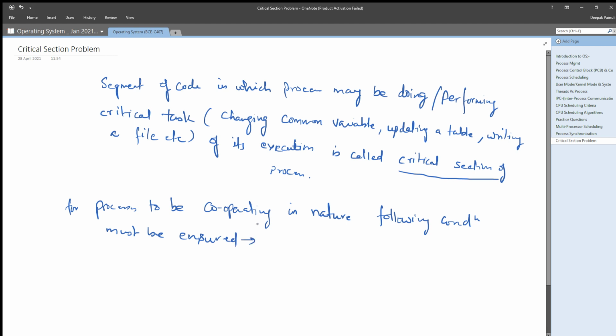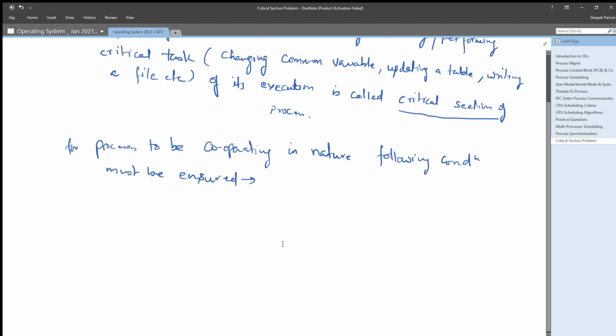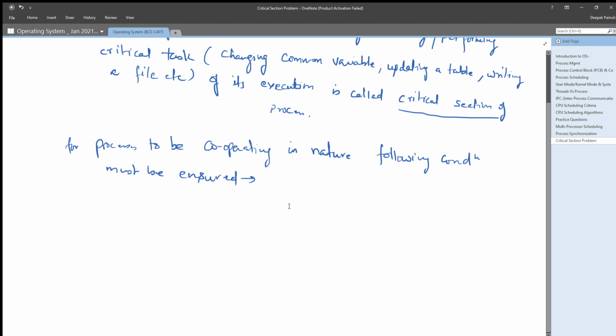And which is that condition? That condition is simply mutual exclusion. That condition is known as mutual exclusion.